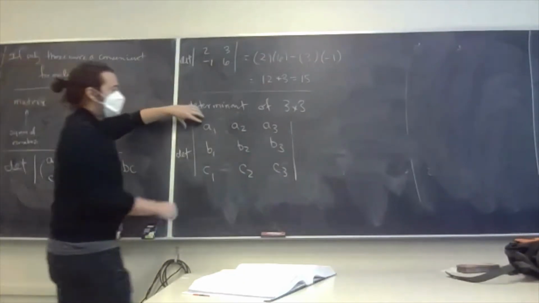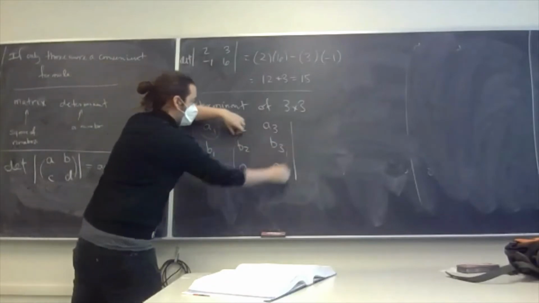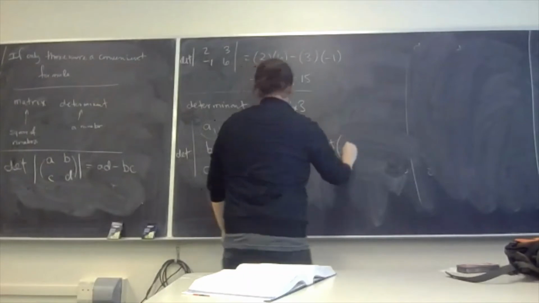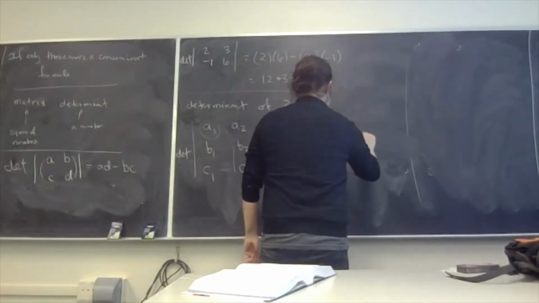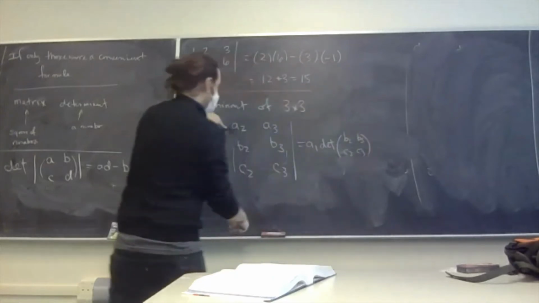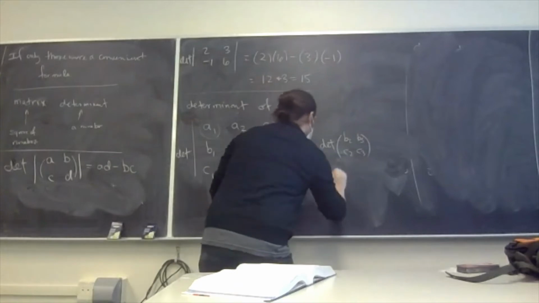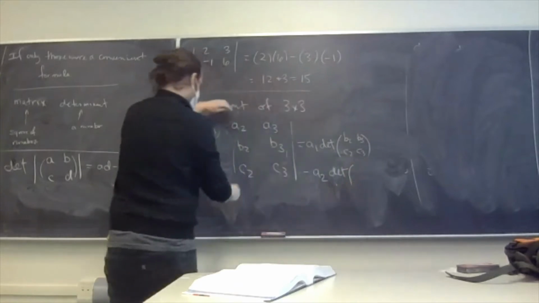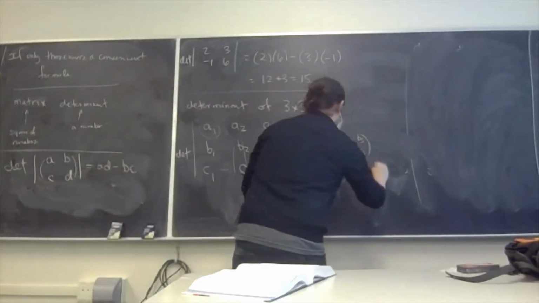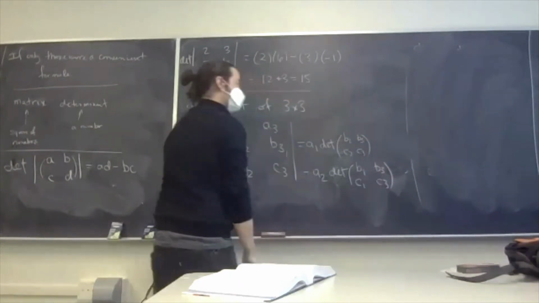The idea is that this definition turns out to be this number times the determinant of this little matrix right here: A1 times the determinant of B2, B3, C2, C3, minus A2 times the determinant of the matrix that's left over when you do this, B1, B3, C1, C3.